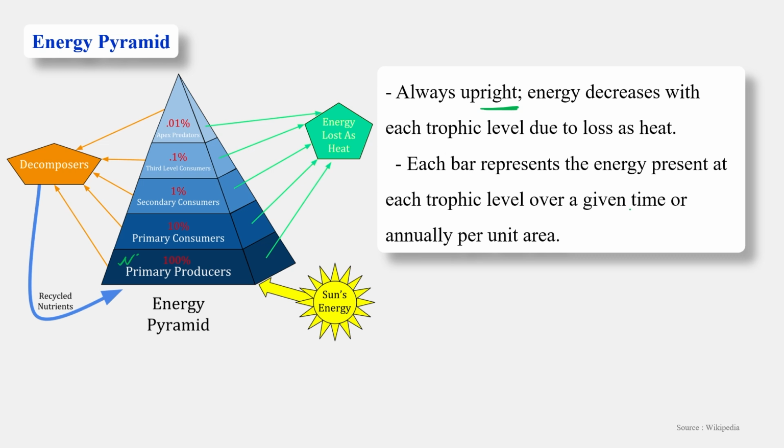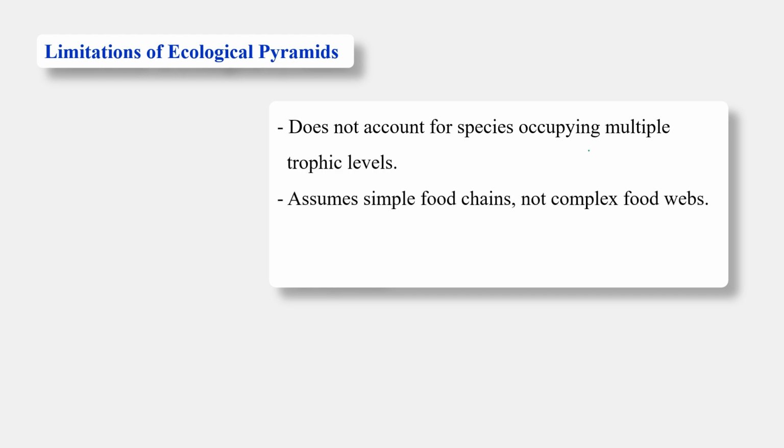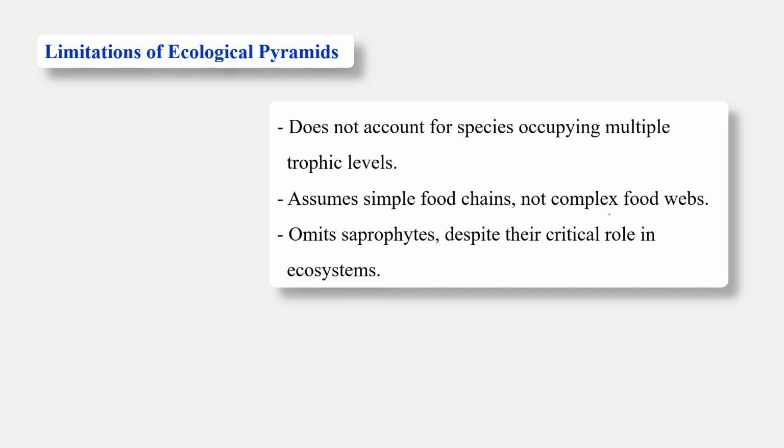Limitations of the ecological pyramid: it does not account for species occupying multiple trophic levels, it assumes a simple food chain, not a complex food web, and it also omits saprophytes despite their critical role in the ecosystem. So these are the limitations. First, it does not account for species occupying multiple trophic levels; maybe some species are present on 2 or 3 trophic levels. Similarly, it assumes a simple food chain, while 2 or 3 chains can be combined to form a food web. And it omits saprophytes despite their critical role in the ecosystem.